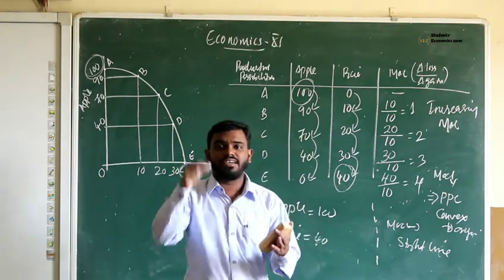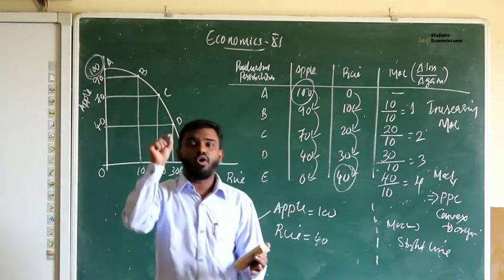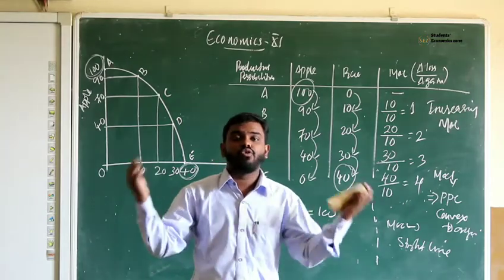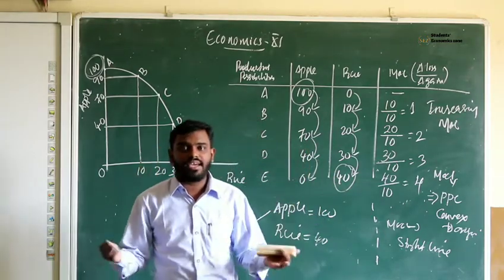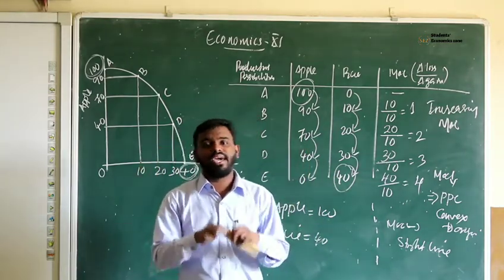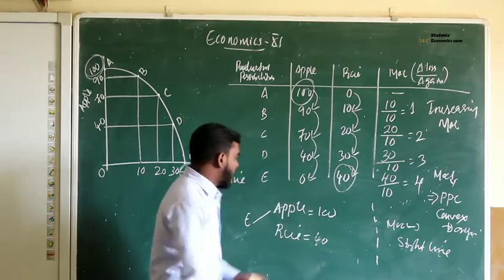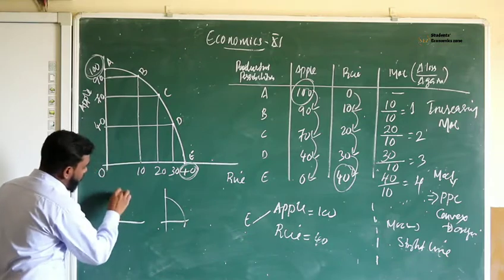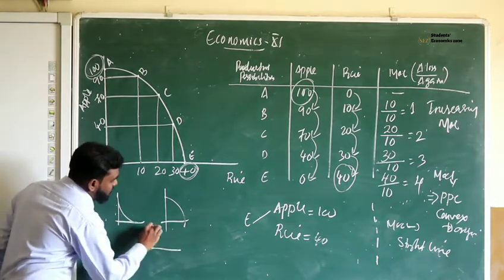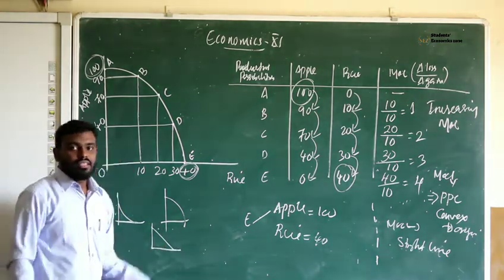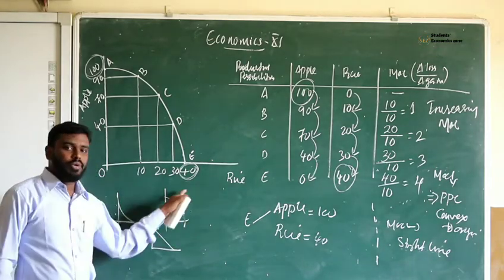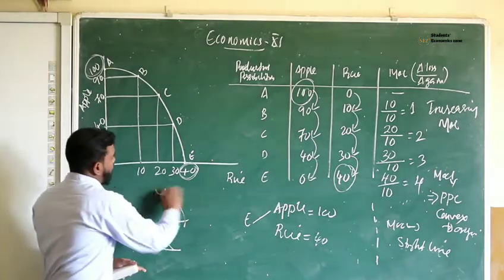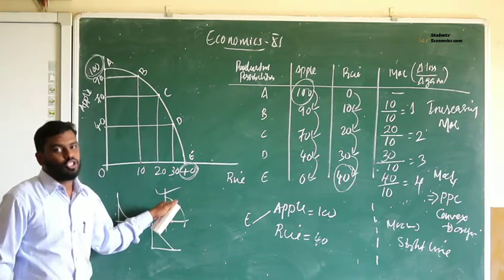If MOC is decreasing, PPC will be convex to the origin. And if MOC is constant, PPC will be a straight line. Concave means like this, convex means like this, and straight line will be like this. These are the three shapes of PPC, but normally PPC will be concave.